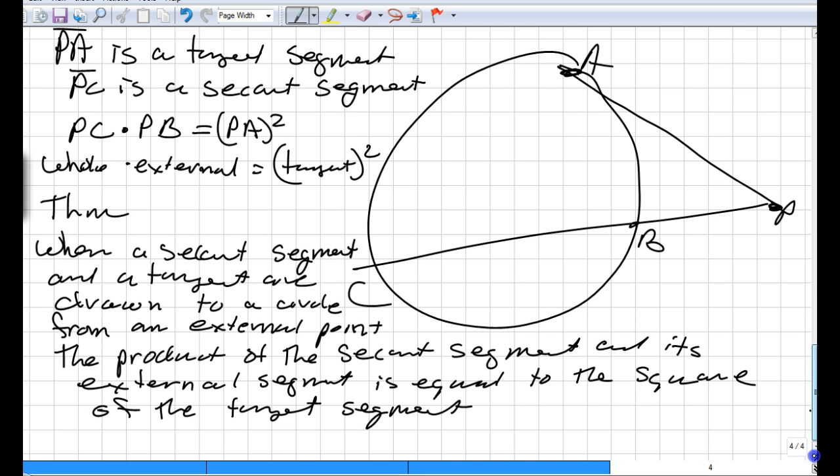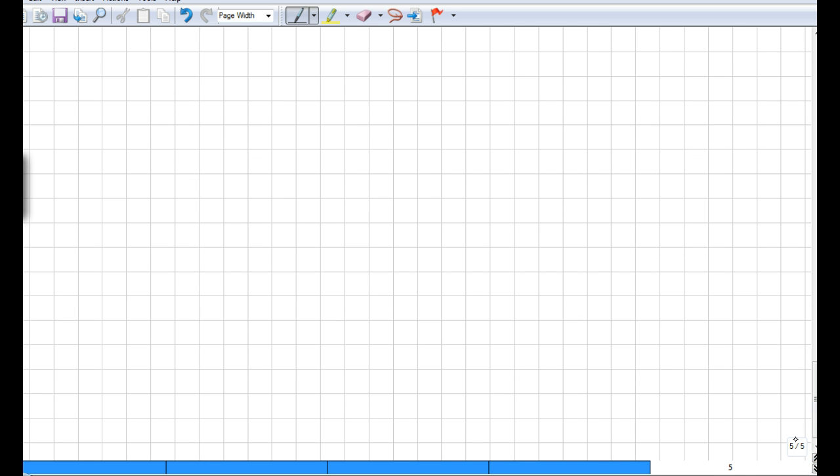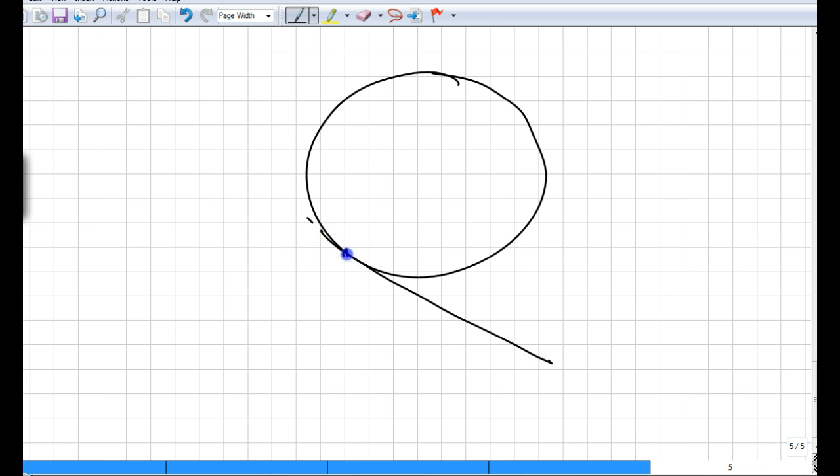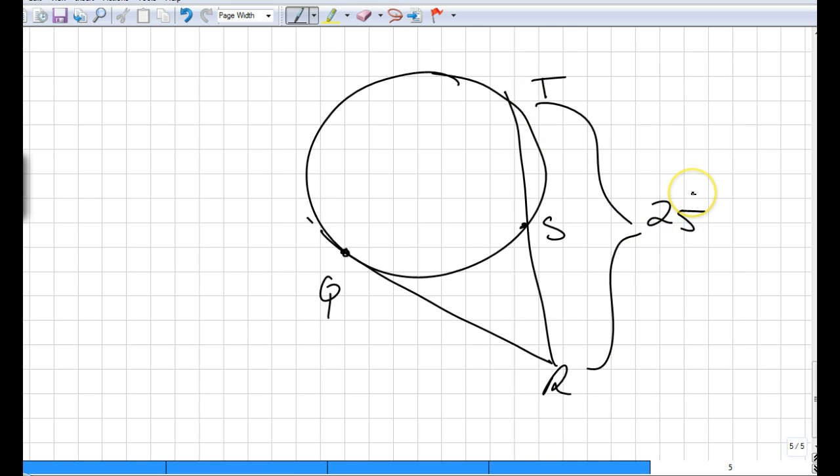Okay, so a quick example of this one would be, I have tangent QR and secant RT, which intersects at S. And I know that RT is 25, and I know RS is 5.